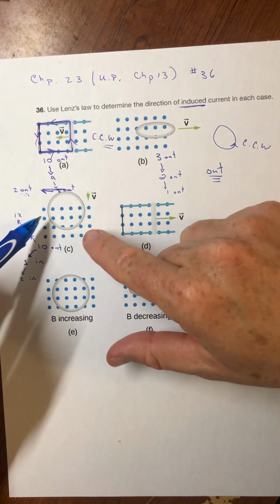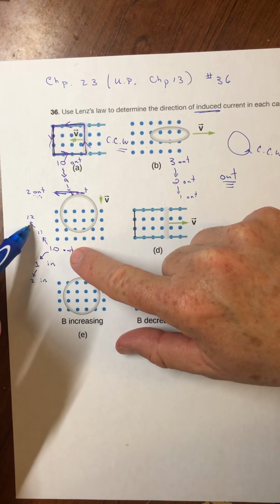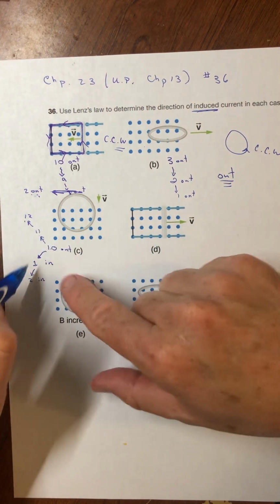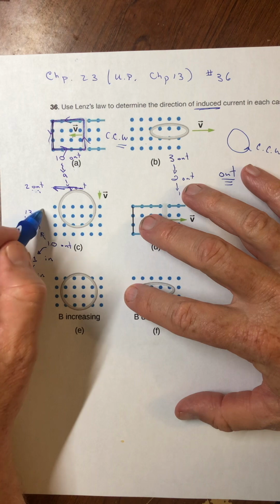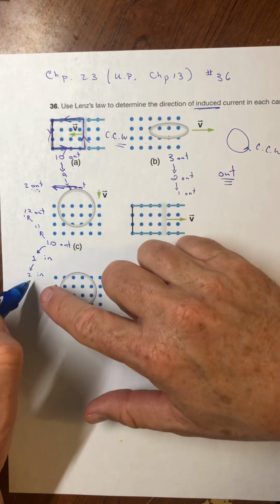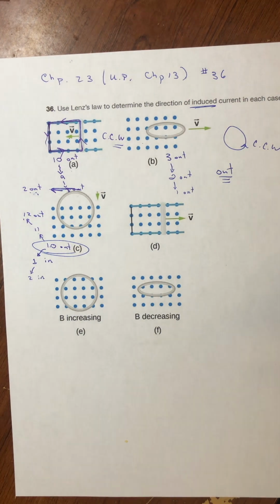Because the primary goes up from 10 to 12, then the induced current is set up to go inward. By the time you have 12 coming out, and then the secondary 2 going in, we're back to the original 10.